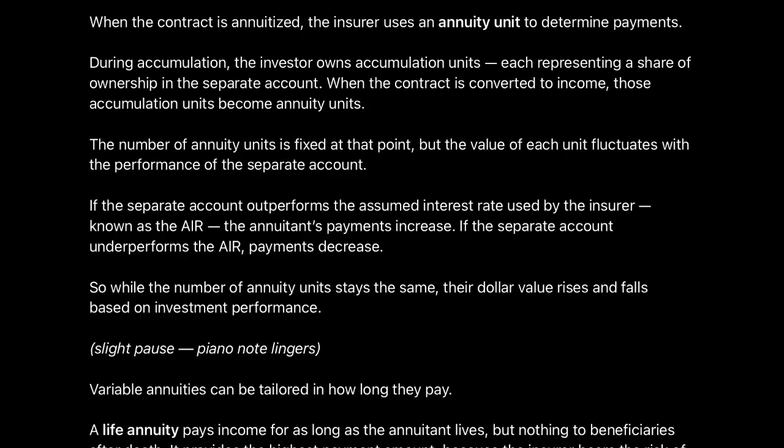If the separate account outperforms the assumed interest rate used by the insurer, known as the AIR, the annuitant's payments increase. If the separate account underperforms the AIR, payments decrease. So while the number of annuity units stays the same, their dollar value rises and falls based on investment performance.